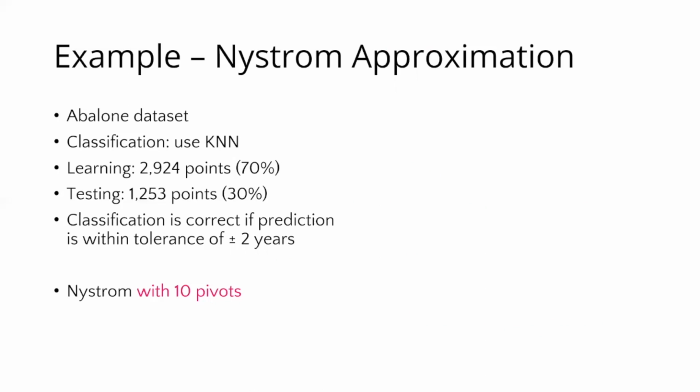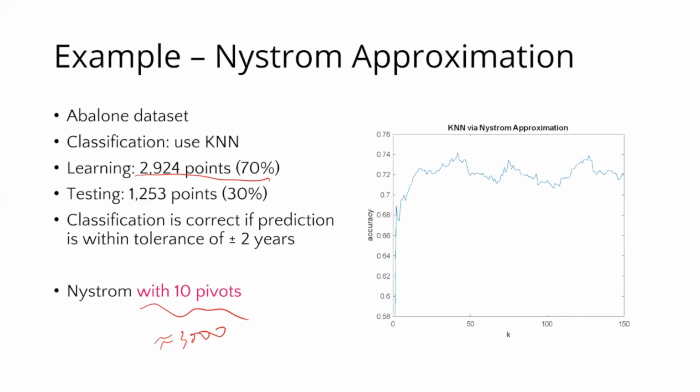Now, here's the result using only 10 pivots. If you think about it, there are about 3,000 reference points whose distances are not known, and only with those 10 points, here's the performance of KNN. Again, with the same scenario, we have the accuracy versus K graph.